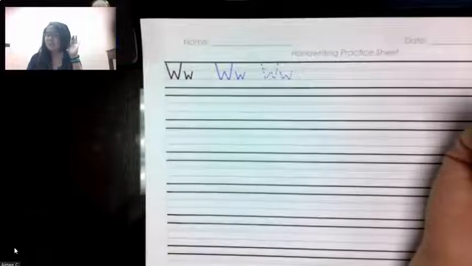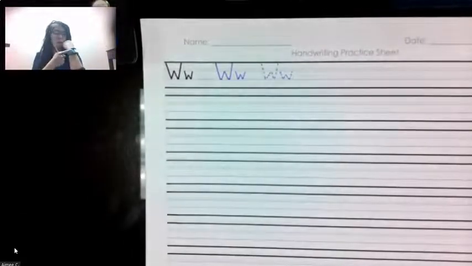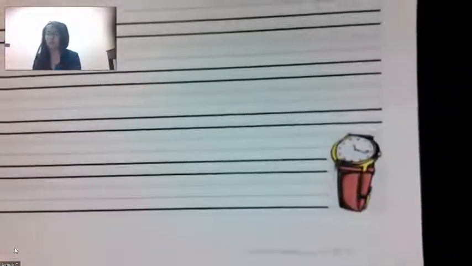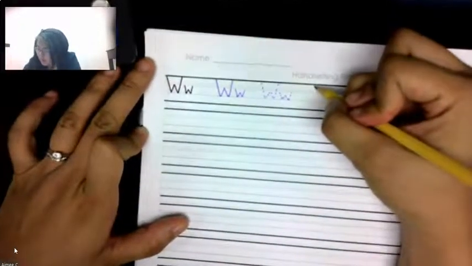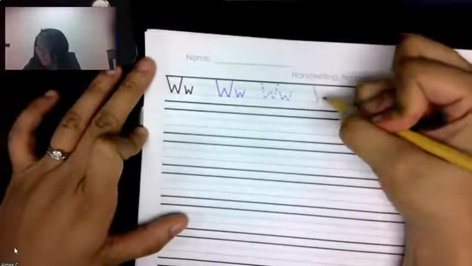So next we have W. This is W. W says w, like watch. I can't see my watch. W says w, like watch. So to write the letter W, you start at the top and slant all the way down to the bottom.